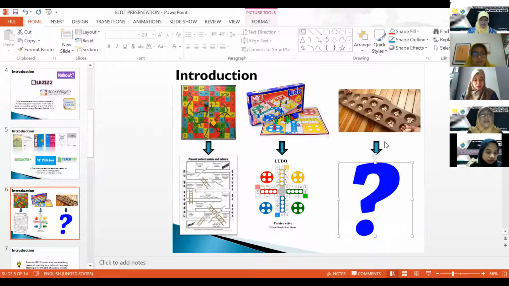As we know, people playing Congklak is a rare sight nowadays. So if nothing is done about this, it is not impossible that one day this traditional game will vanish.